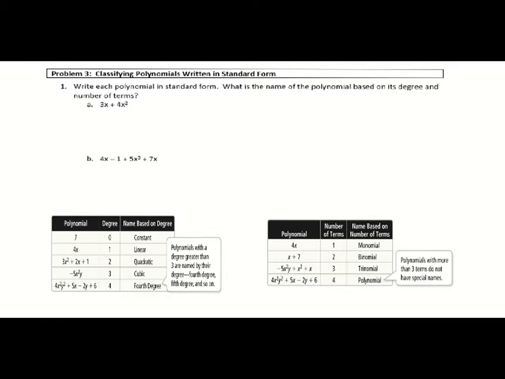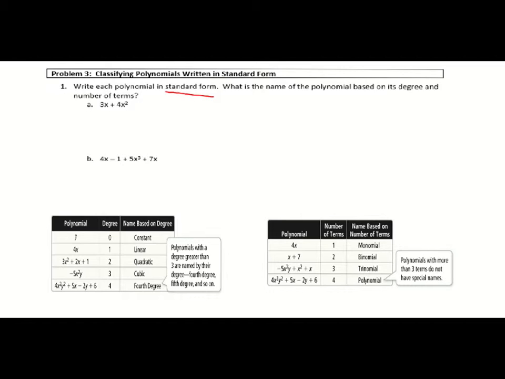So in problem 3, we're going to classify our polynomials after we write them in standard form. Number 1A, we want to write the polynomial in standard form and then classify it based on degree and number of terms. We need two names to classify this. So in A, we've got 3x plus 4x squared. First thing I want to do is write it in standard form.